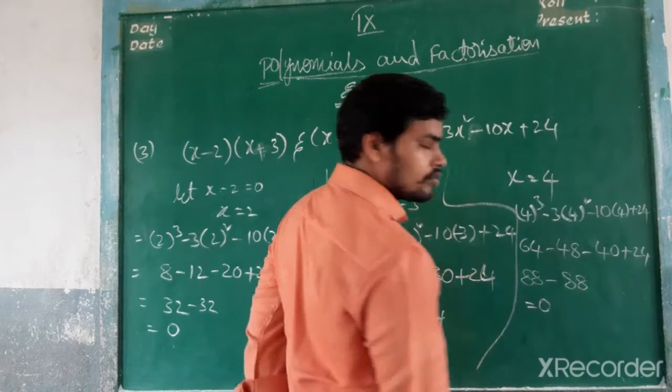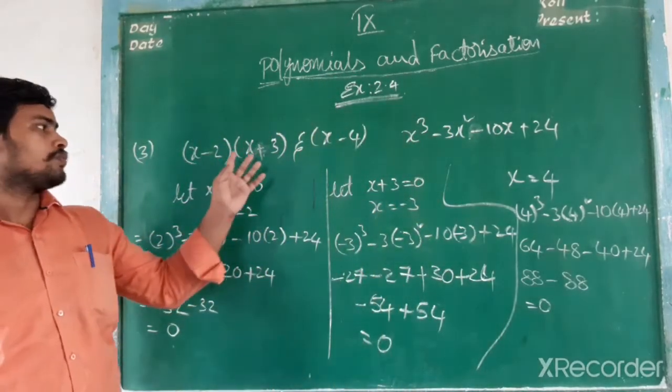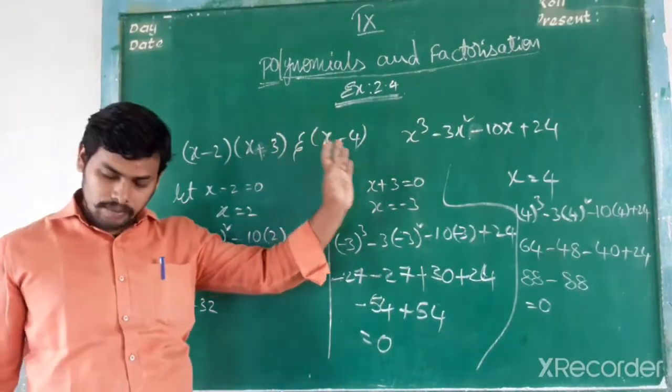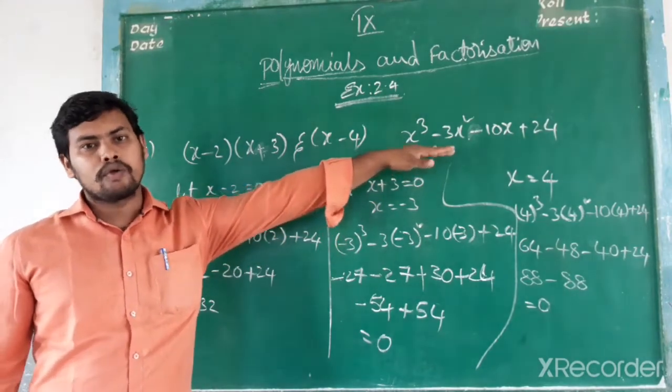So the result is 0. Here x minus 2, x plus 3 and x minus 4 are the factors of the given cubic polynomial.